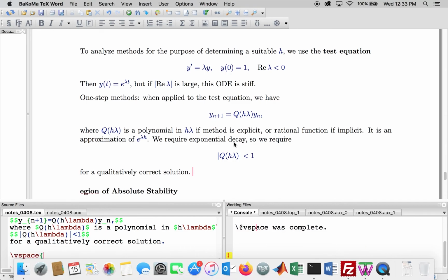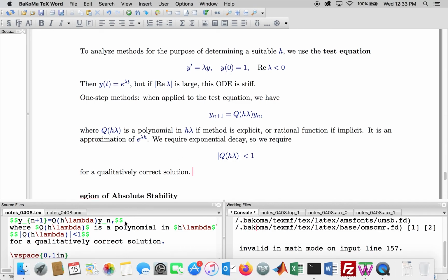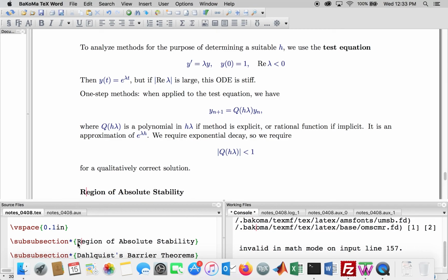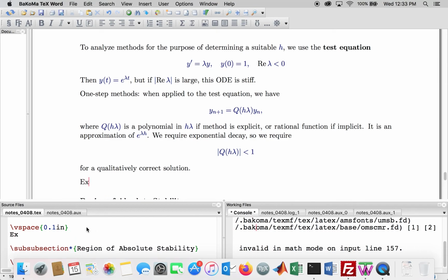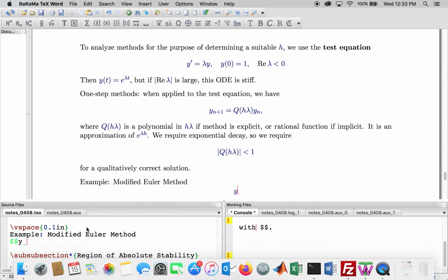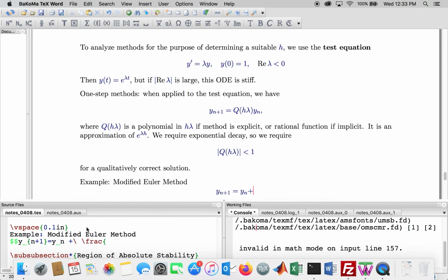So if I do an example of this for a one-step method, the modified Euler method. I don't know if I've brought up the modified Euler method in these notes before, so I'll write the general method.